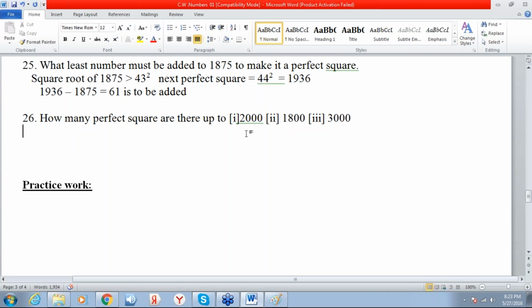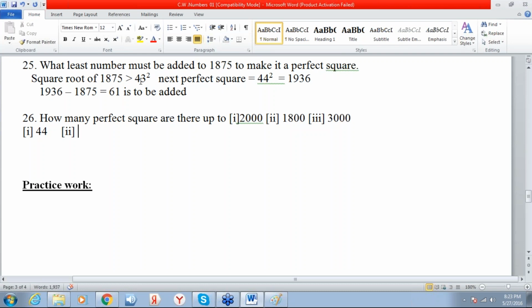So for the first one, 44 only. Second one, up to 1875, there are 43.